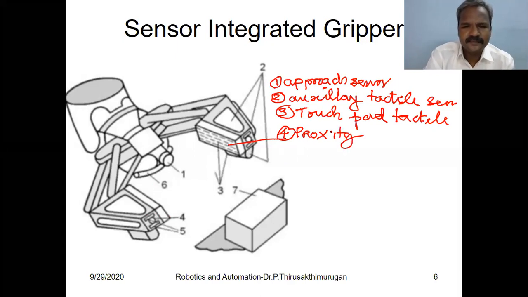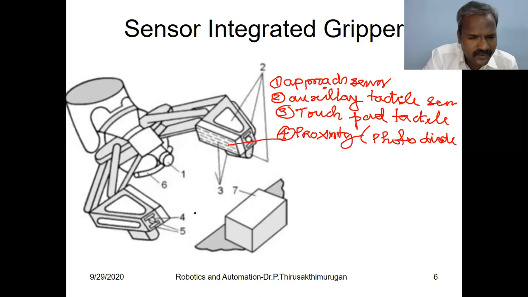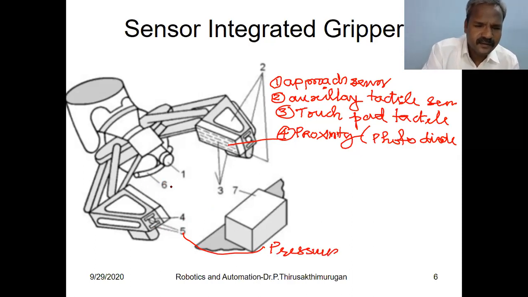Proximity, for example, may be a photodiode. Then five. What is five? Five is a pressure sensor. Six is like a slip sensor, surface detection.